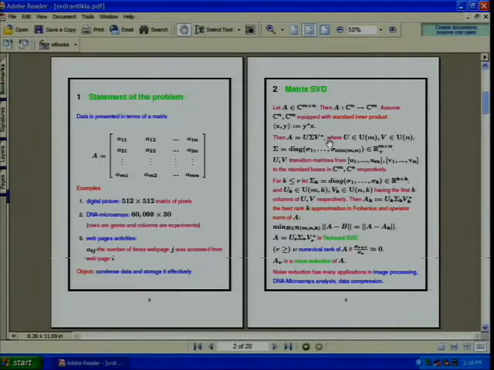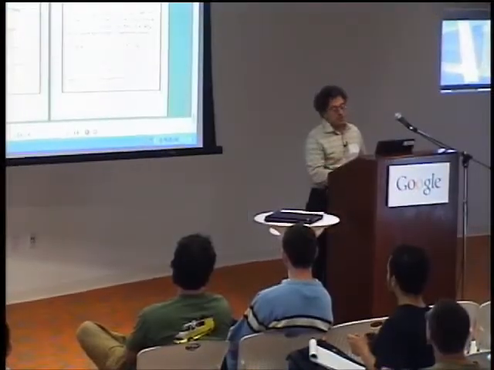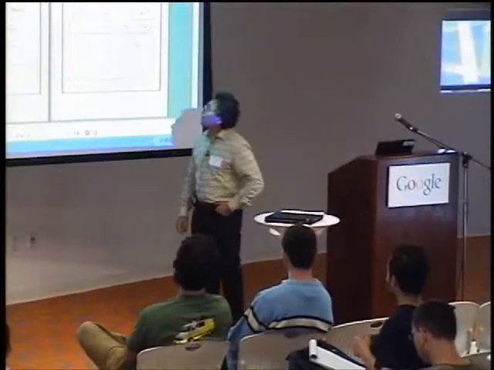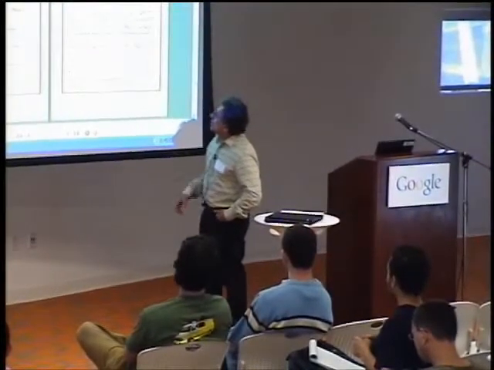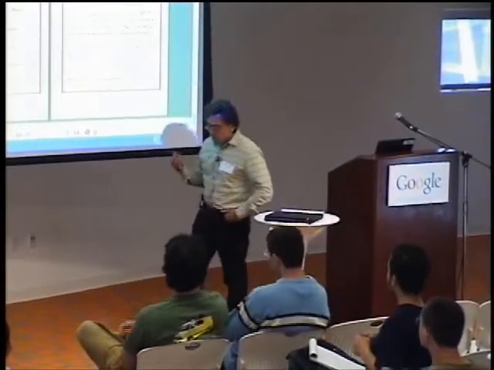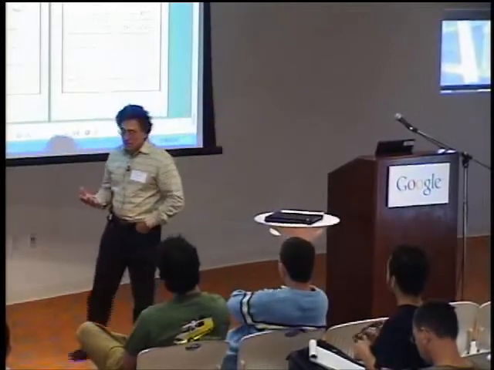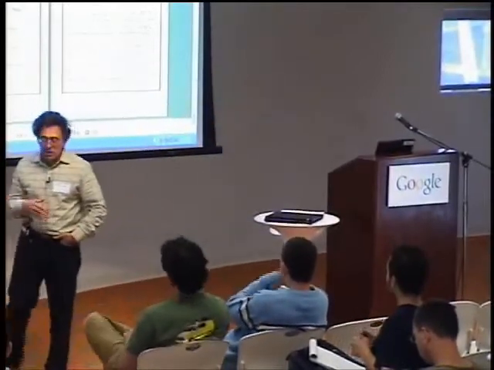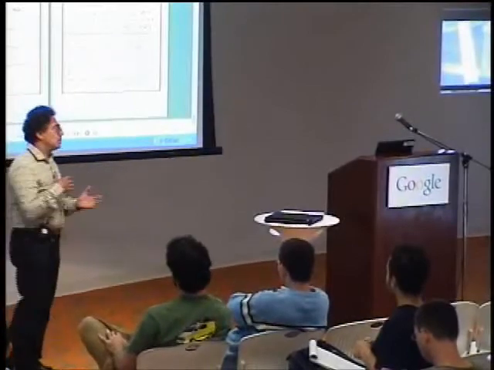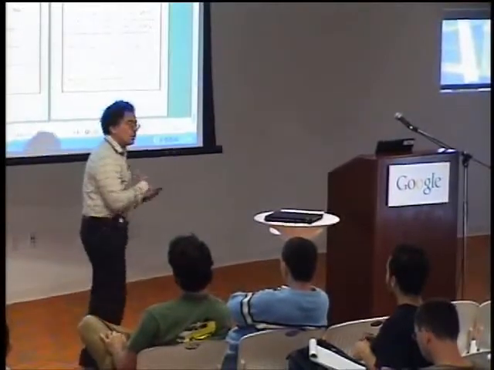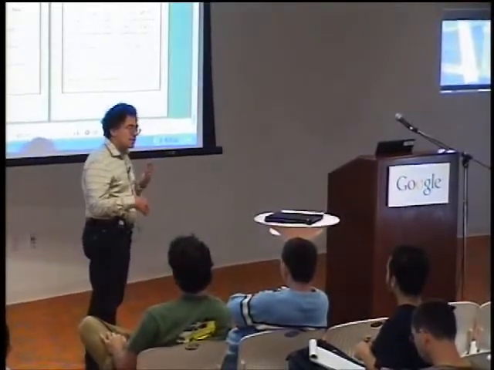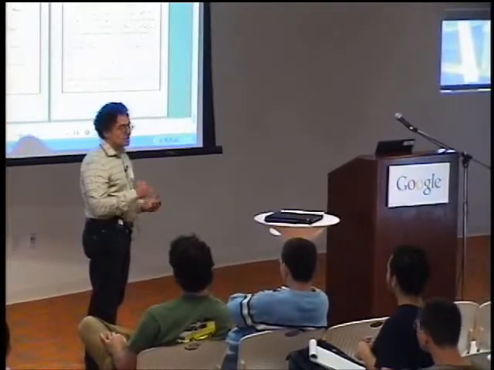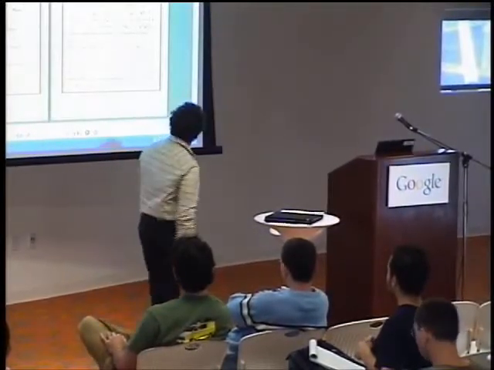So now we're going back to a classical result, which is probably 100 years old and was discovered by Schmidt. What does it mean that your data has a lot of redundancy? It means that the rank of a matrix is much smaller than the size of the matrix.